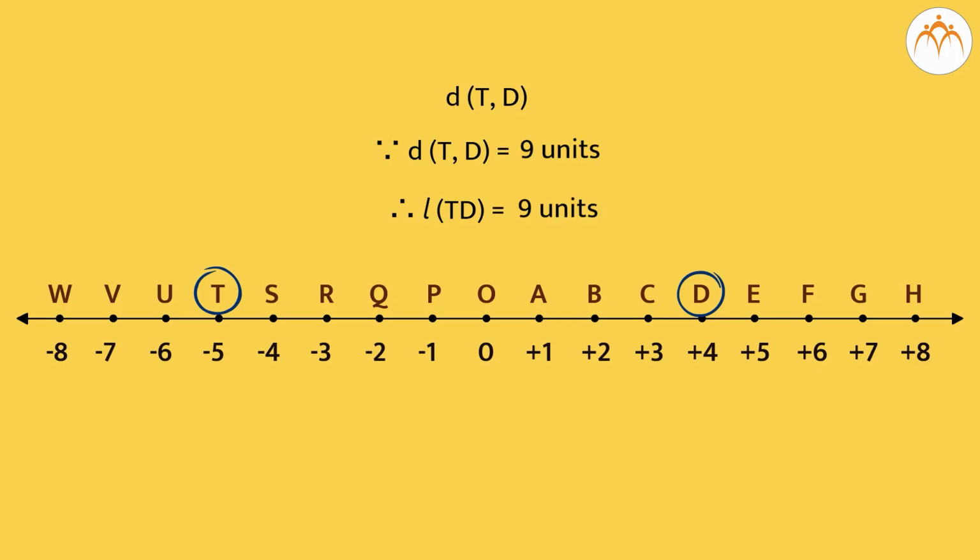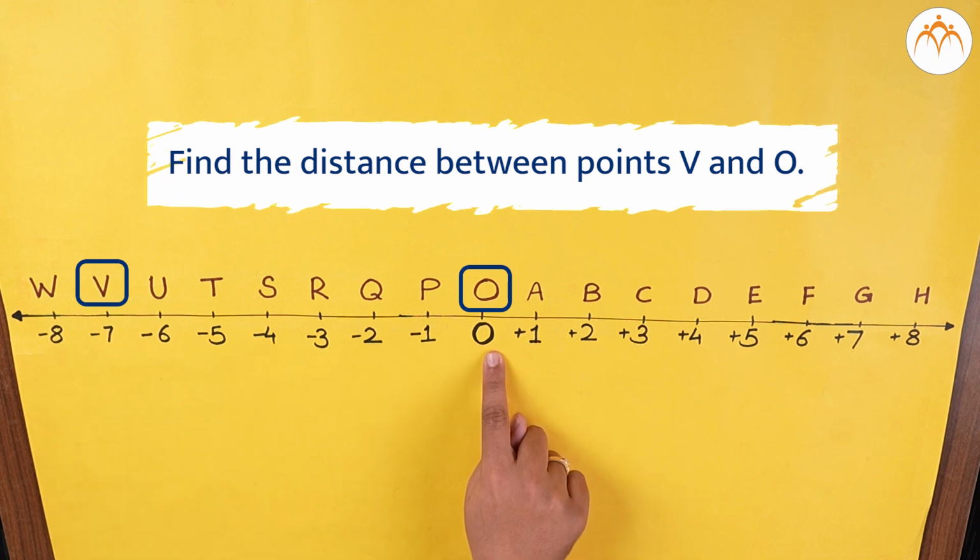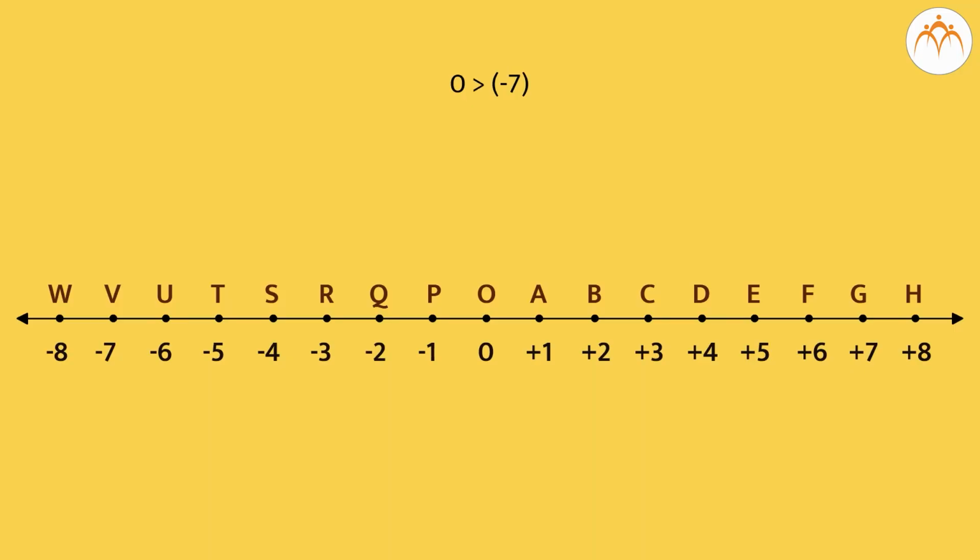Now, tell me what would be the distance between point V and point O? Solution. The coordinate of V is -7 and the coordinate of O is 0. 0 is greater than -7. Therefore, distance of V and O is equal to 0 minus -7, which is equal to 0 plus 7, which is equal to 7 units.